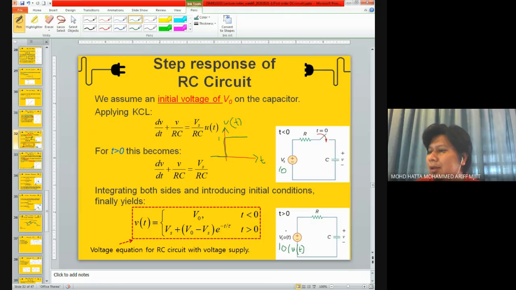And the voltage response over here, let's say I plot it as Vs. The value here is 0, and it will reach 10 volts at t greater than 0. So this is t.